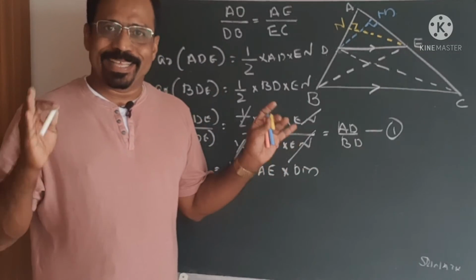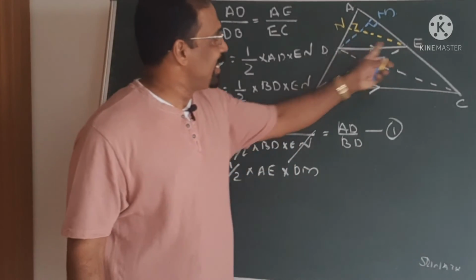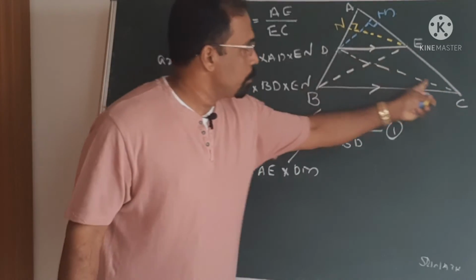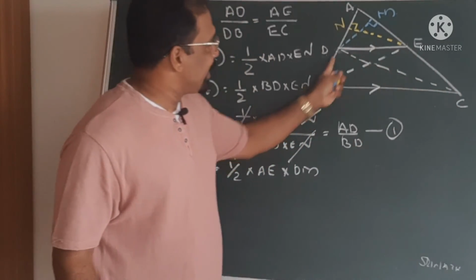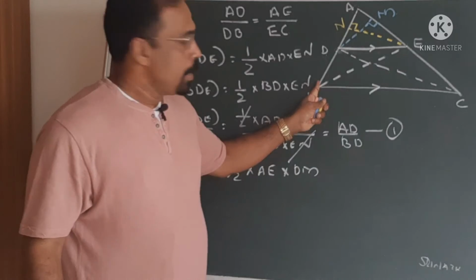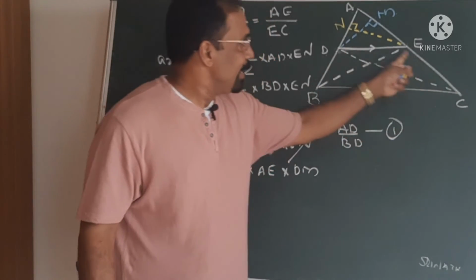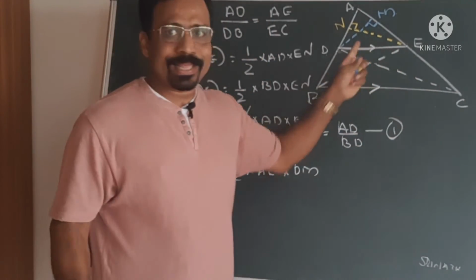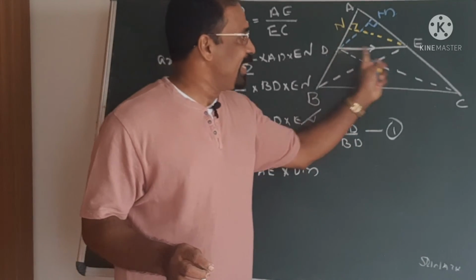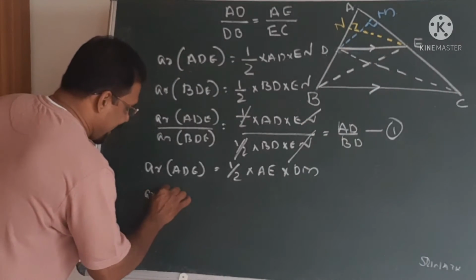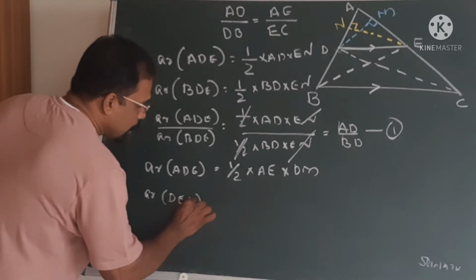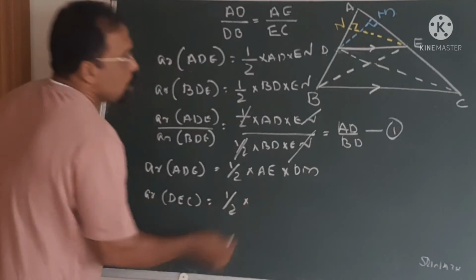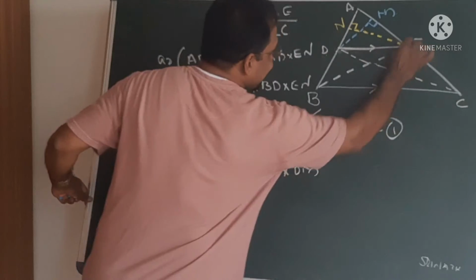Now let us consider the second triangle, that is DEC, this triangle. In the previous case we have considered this triangle. Now we are considering this triangle. Now what is the area of triangle DEC? Area of triangle DEC is equal to half into, what is the base? Base is EC.